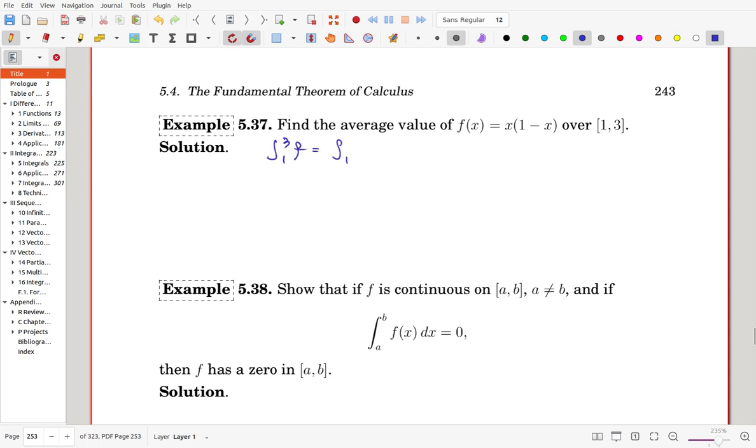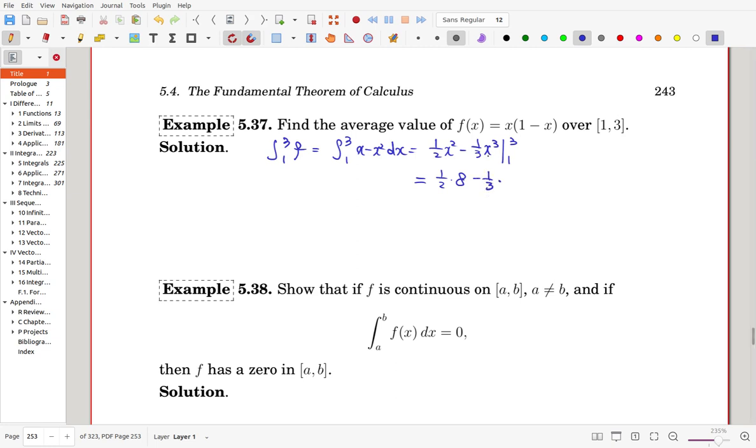Now, x times 1 minus x is the same as x minus x squared dx. So here that is 1/2 x squared minus 1/3 x cubed, evaluated from 1 to 3.